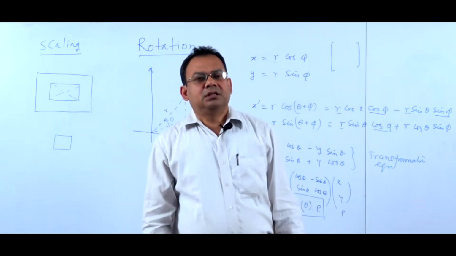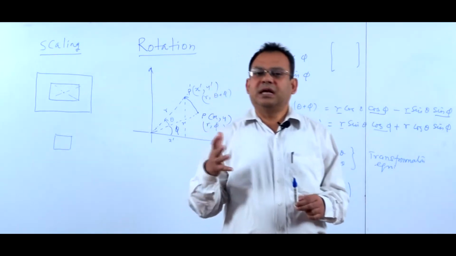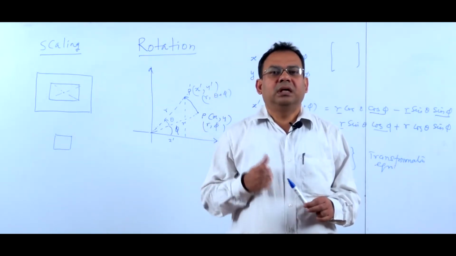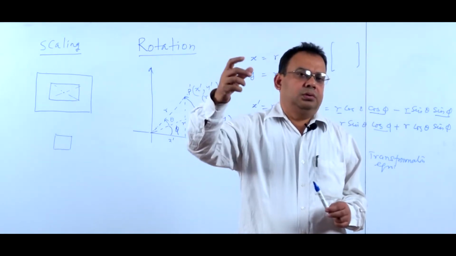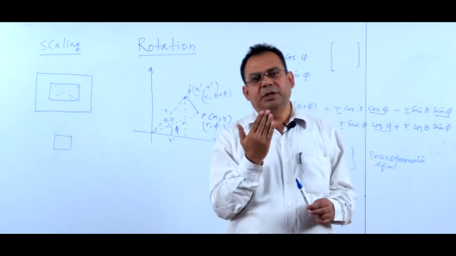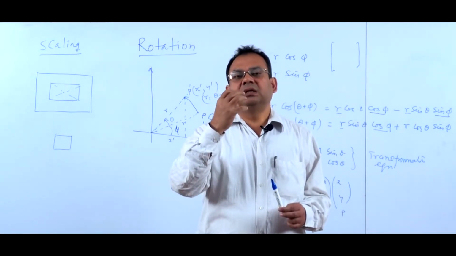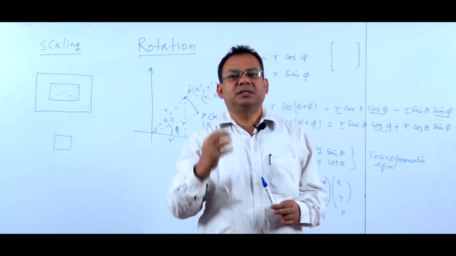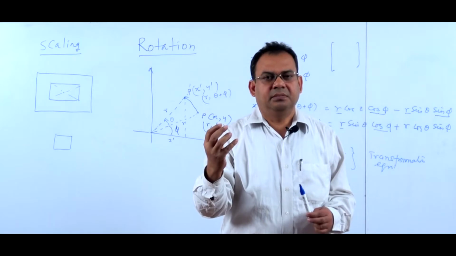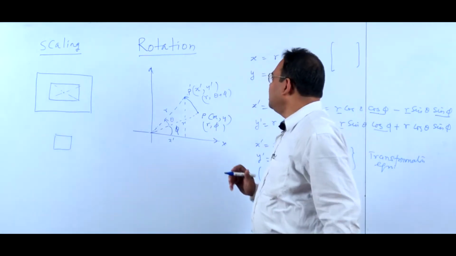For example, suppose I want to simulate a situation in an application where a car is moving or a ball is thrown. From the viewing position, as the object goes far from the viewer, its shape diminishes. How will we simulate this situation?